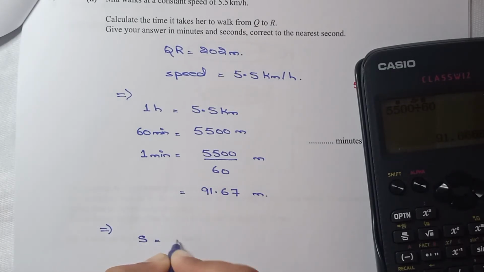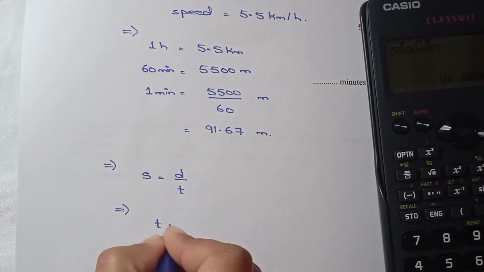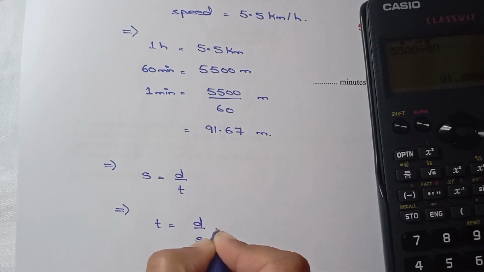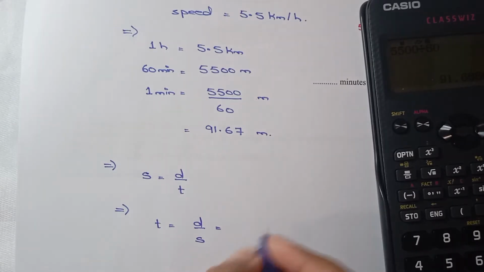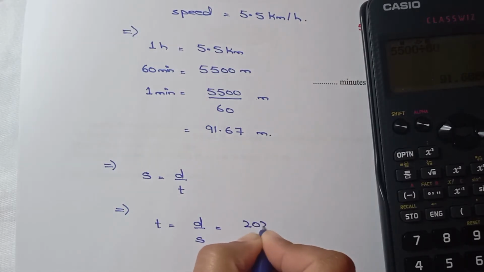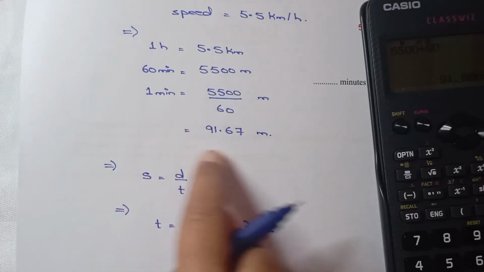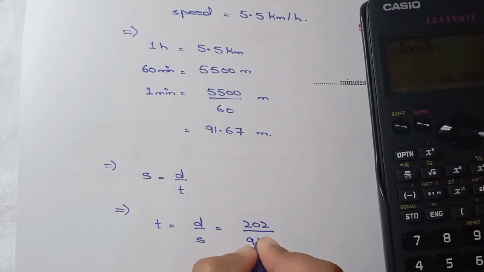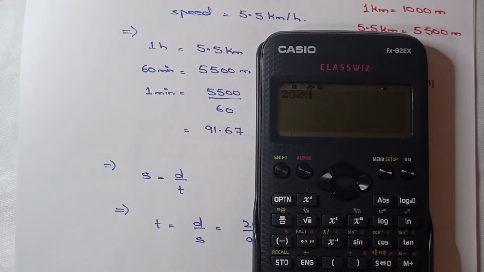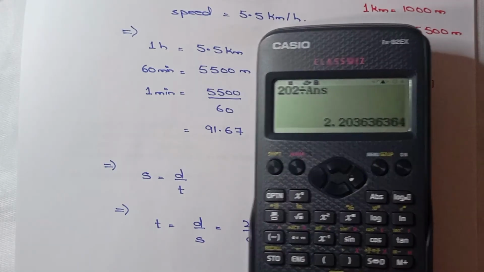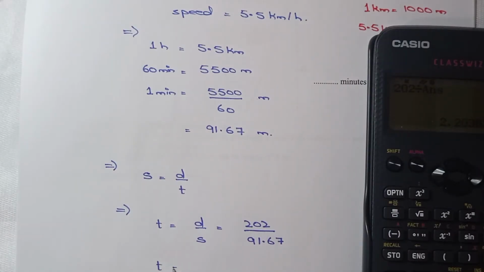And we know the formula that speed is equal to distance over time, and from here we can say that time would be equal to distance over speed. So what is the distance between Q to R? The distance is 202 meters, and the speed in 1 minute is 91.67 meters. So 202 divided by that number, the time in minutes is 2.2036, right?